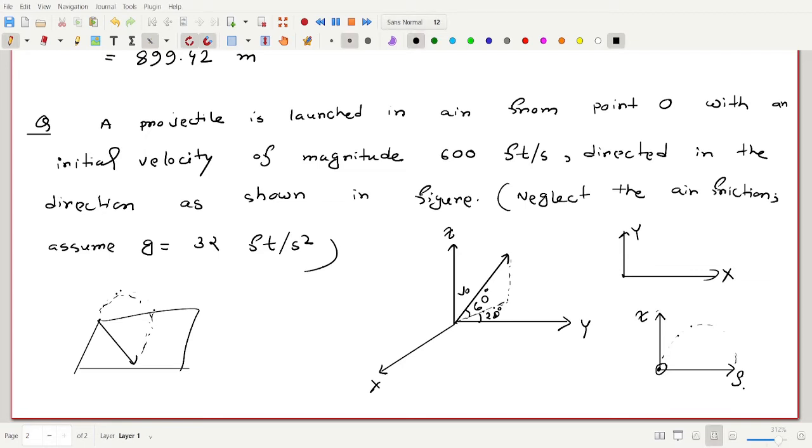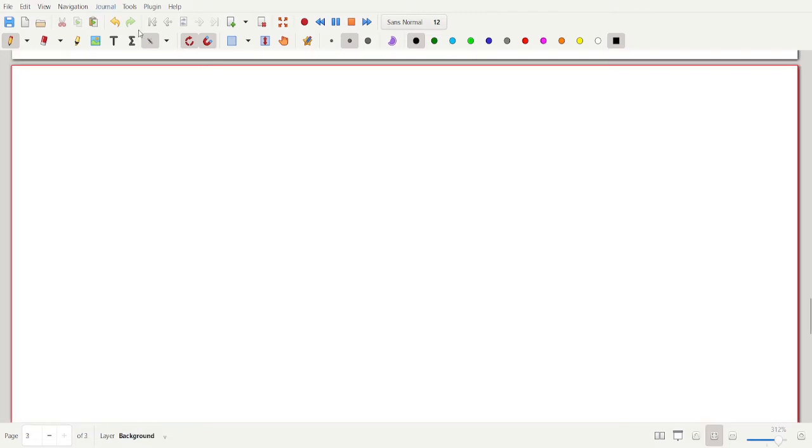Now I'm telling you what we will calculate. First, calculate the velocity of the projectile at time t, where t equals 20 seconds.